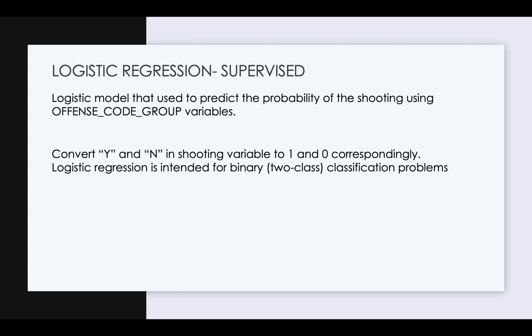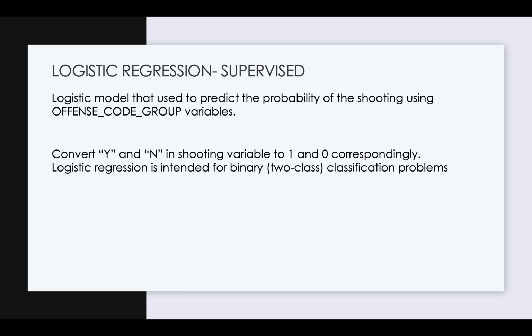The reason I chose shooting as my y variable and only kept offense code group as the x variable is that those two variables are highly correlated. You will see in the later performance of this model that the offense code group predicts whether the crime involved shooting or not really accurately.